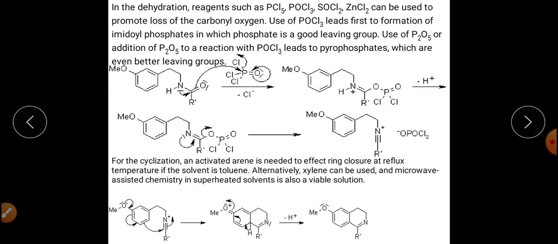So basically this is the dehydration step in which the carbonyl oxygen is eliminated from the substrate.